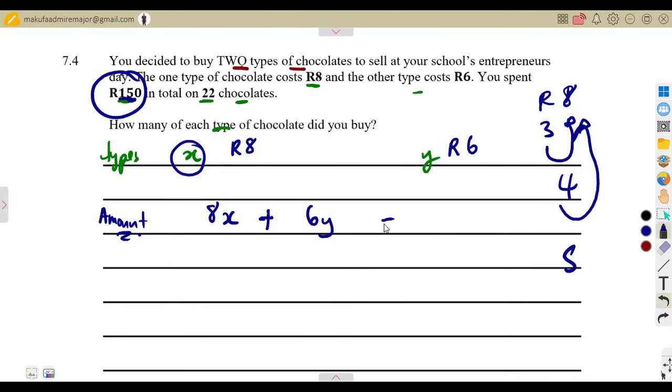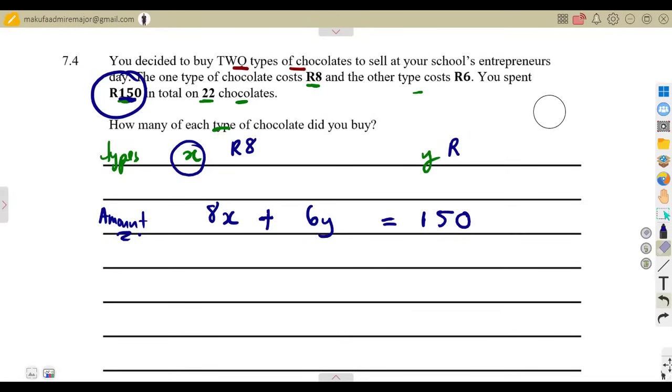You bought these at 150 Rand. So this was from the amount. There is another equation to be formulated from the total of the chocolates that we have.